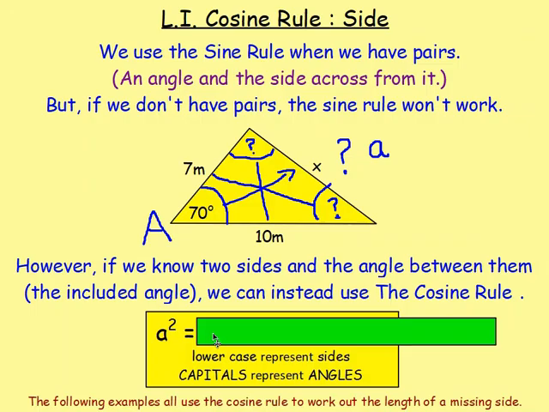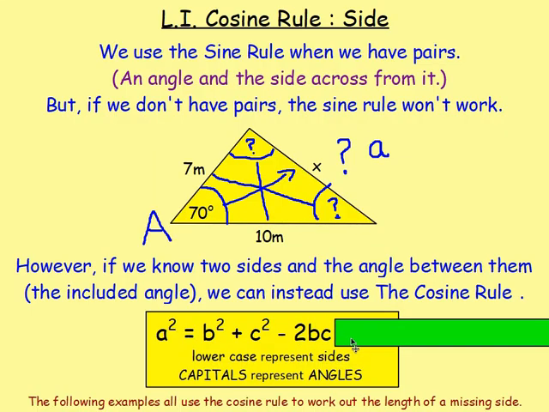So our cosine rule is a squared equals b squared plus c squared. It's just like Pythagoras. It is a little bit, yes. So the b and the c would just be the 7 and the 10. And then we're going to take away 2bc.